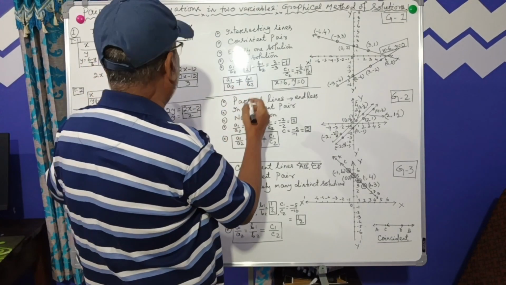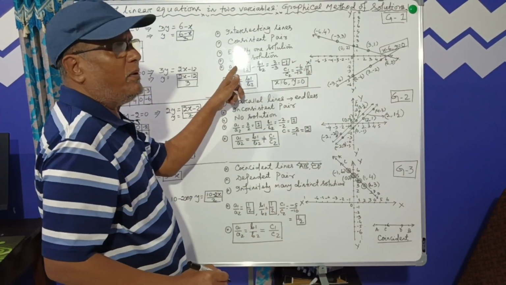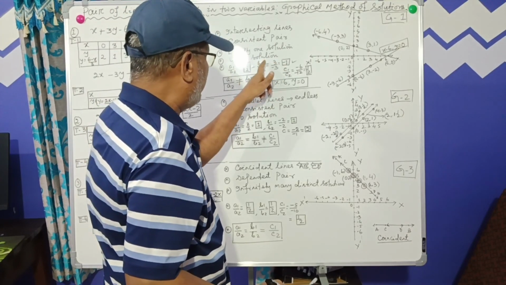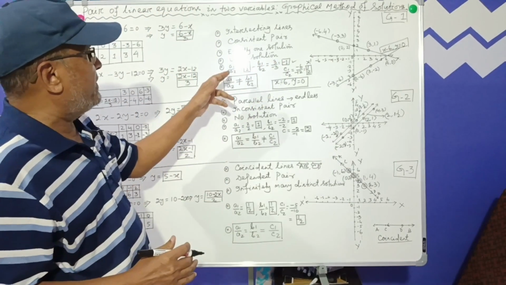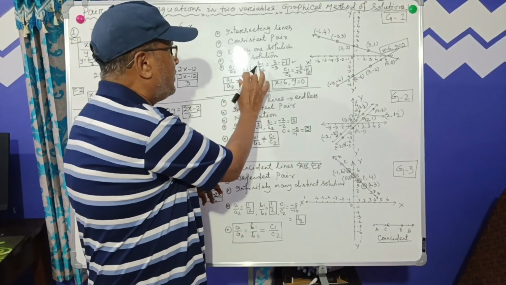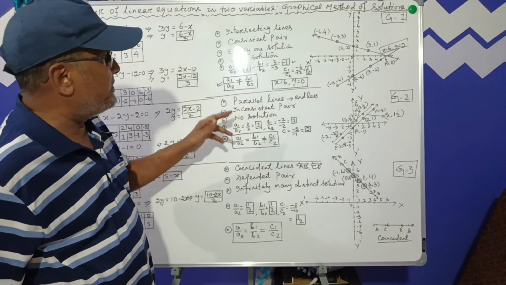You see 3 by minus 3. So a1 by a2 is 1 by 2 and the ratio of b1 and b2 is minus 1. Now compare the ratios of a1 by a2 and b1 by b2. They are not equal. Now you see, this is the important point.